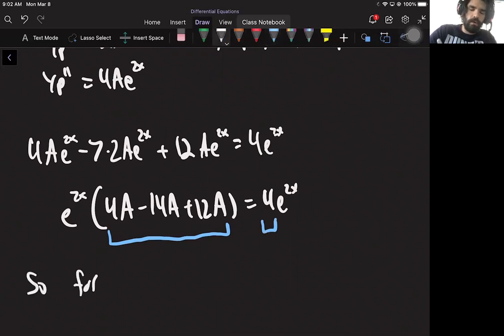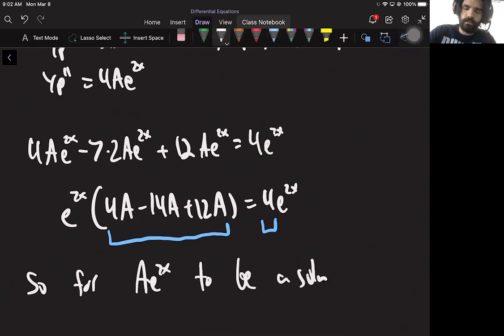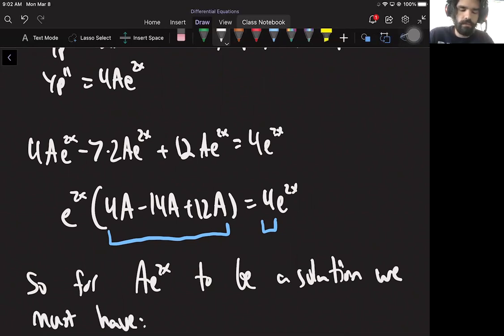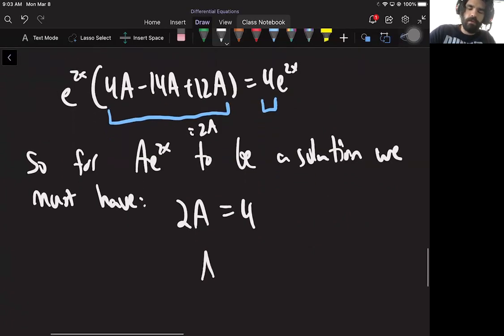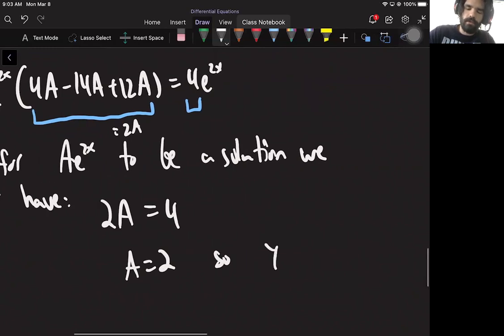So for a e to the 2x to be a solution, we must have that, well, what's 4a minus 14a plus 12a? That adds up to 2a. So I must have that 2a has to be 4. So a equals 2.